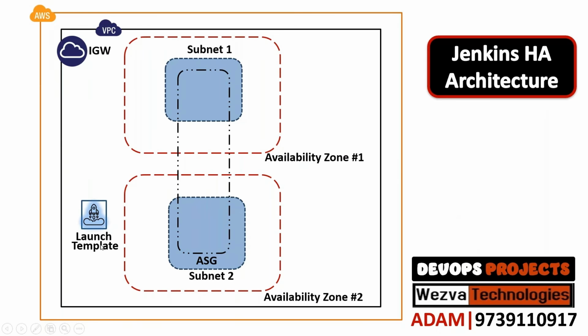In this template, we will tell what machine you need, what OS or AMI you need, what should be the type and resources of the machine, in which network you have to create it, and what PEM file should be associated. All that information you give. So now, if I create an auto scaling group and I tell it to take a particular AMI in which I can run my application.